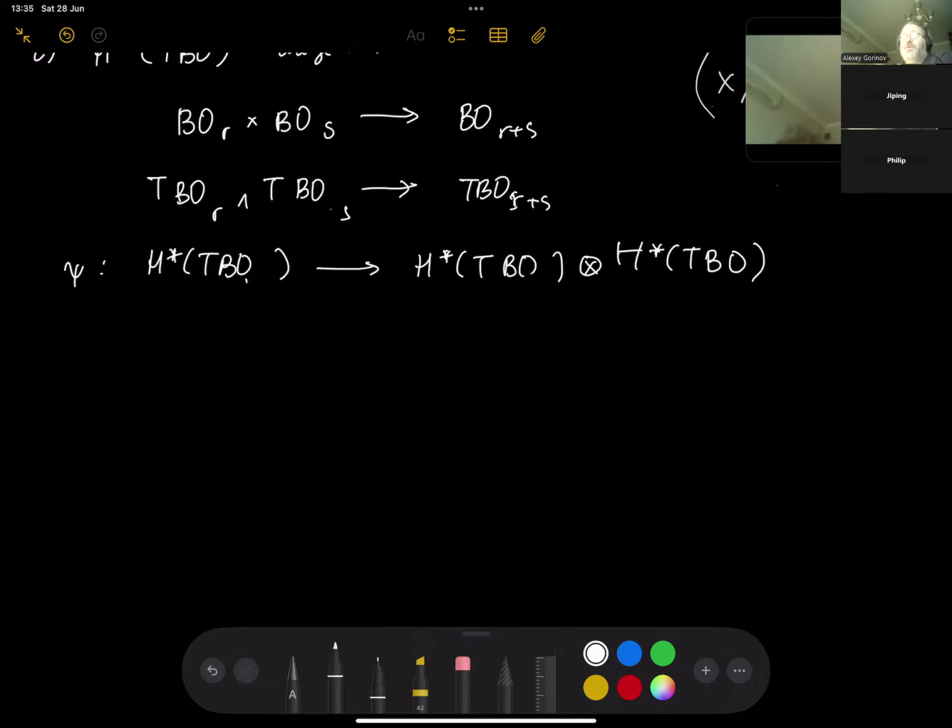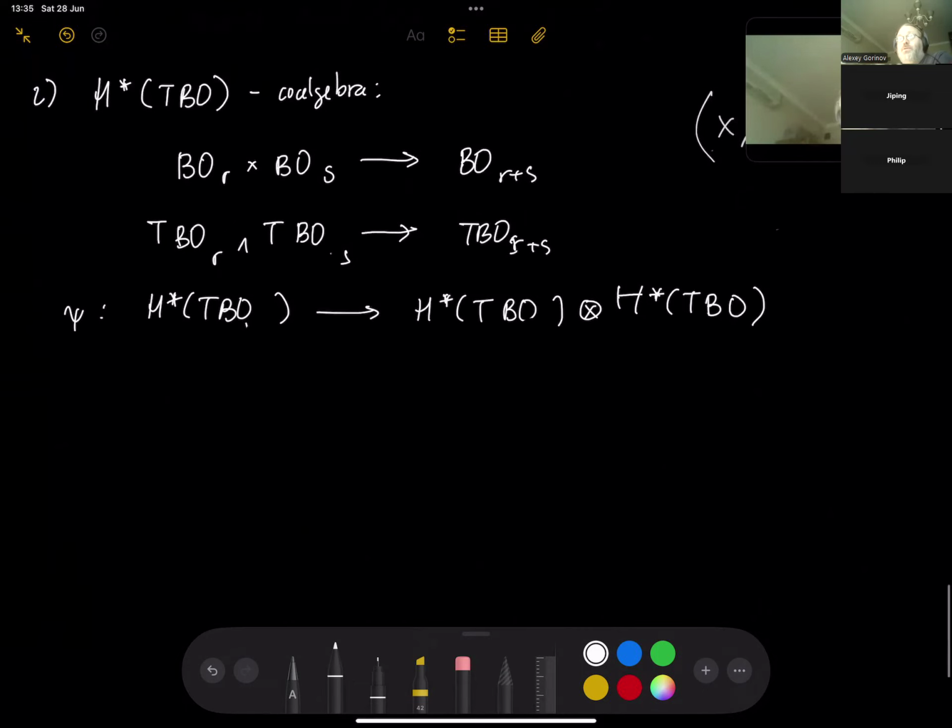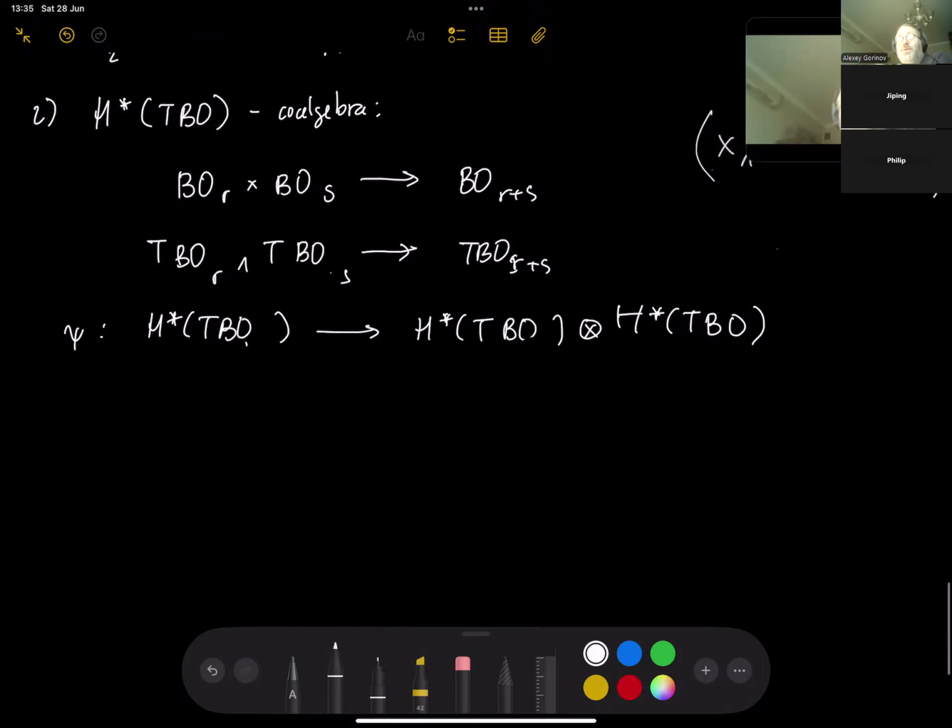To get a Hopf algebra, we need one more ingredient: the antipode map.